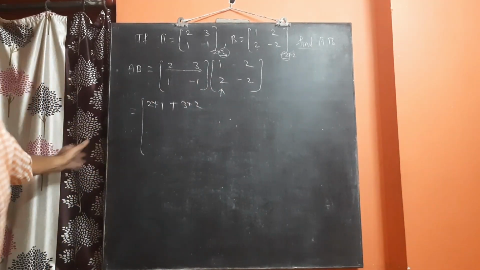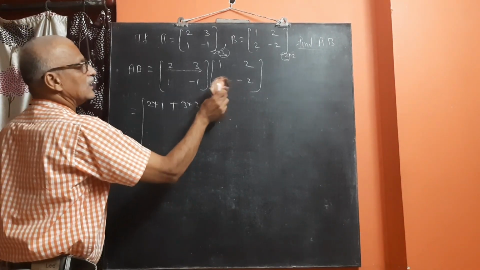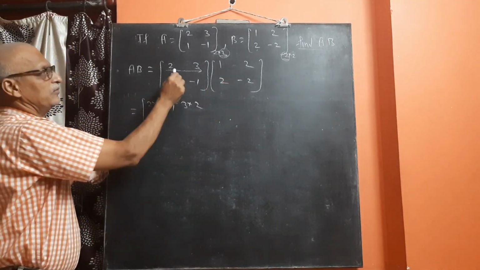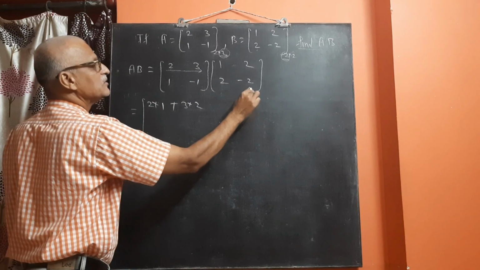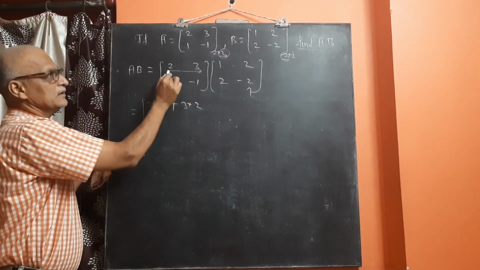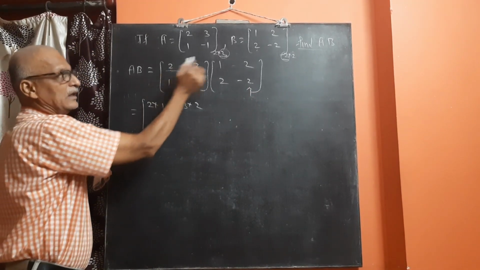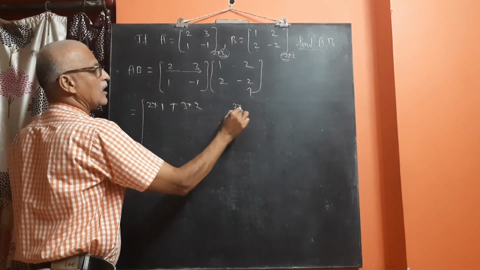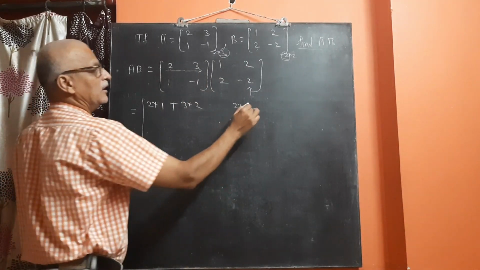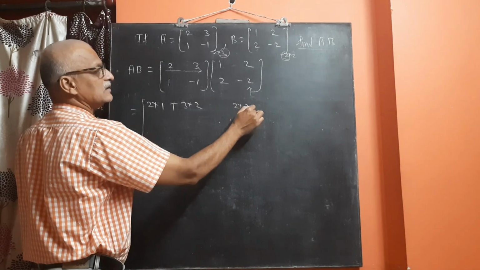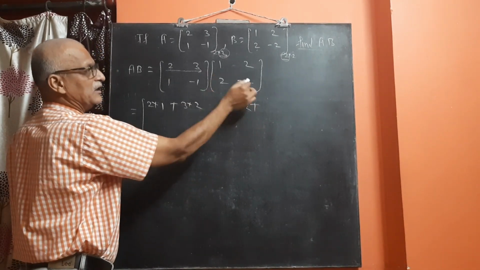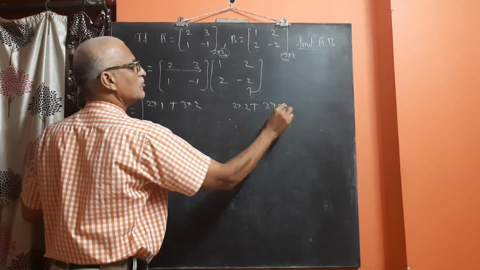Then the first row into second column, that means this column: 2 into 2 plus 3 into minus 2.